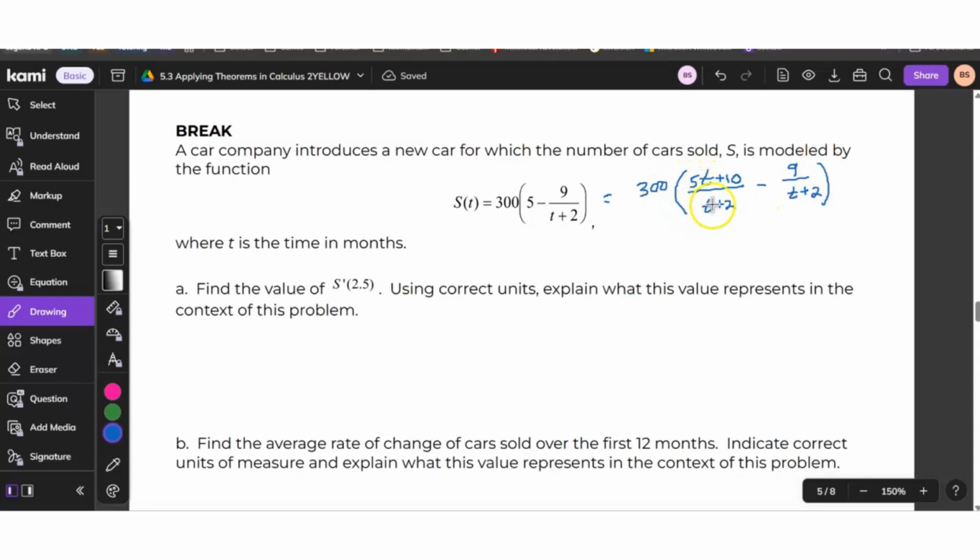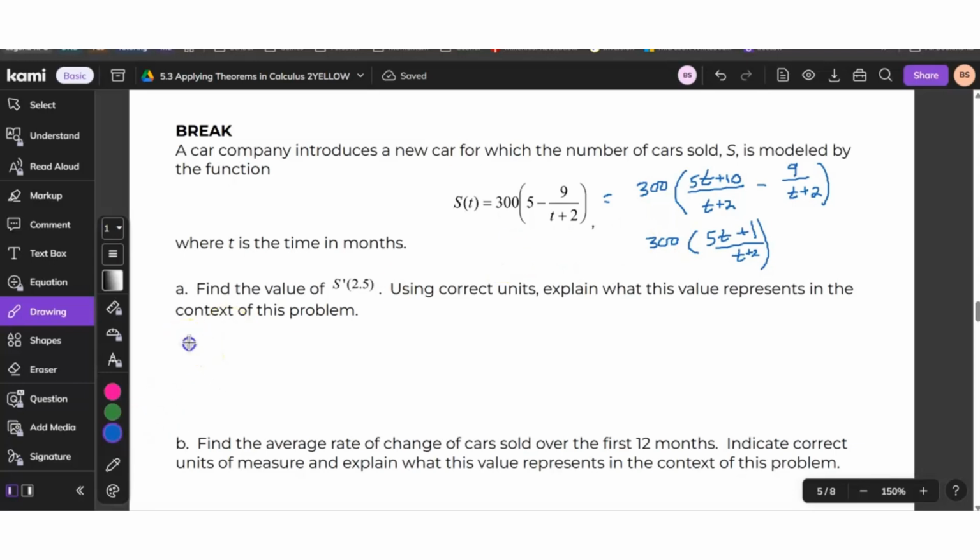All I did is get a common denominator by multiplying 5 by t plus 2 over t plus 2, because now I can put all that together. So it's 5t plus 1, exactly, over t plus 2. Now you could either leave it like that or distribute the 300 in. I'm going to leave the 300 out. I think it's a little bit easier.